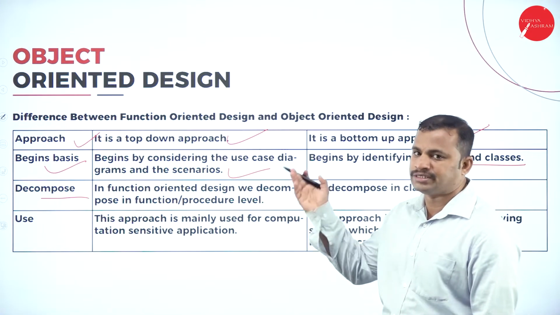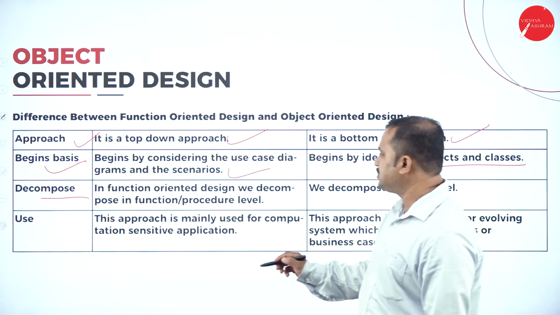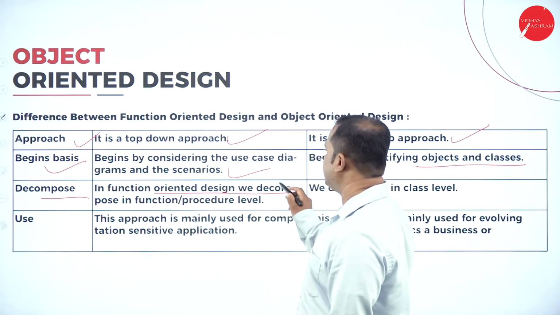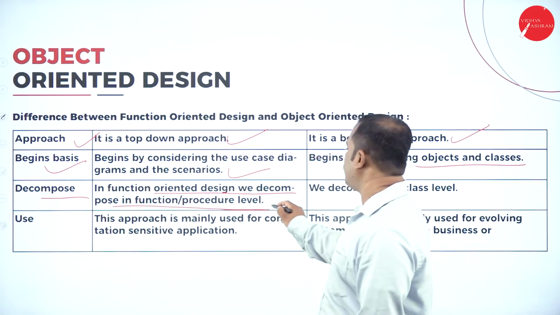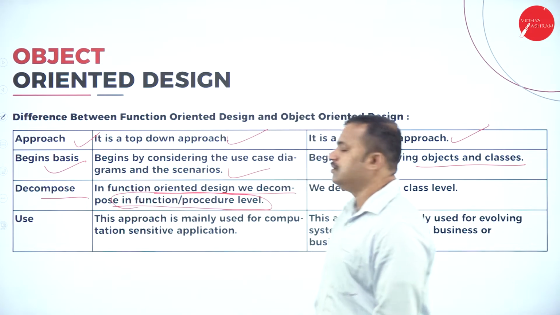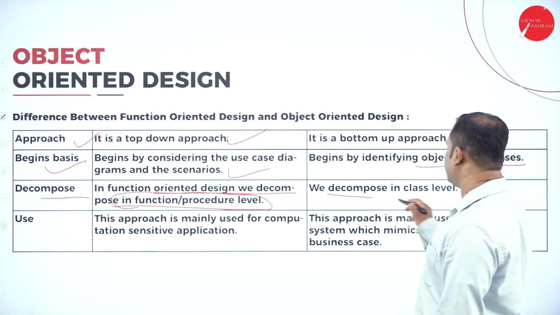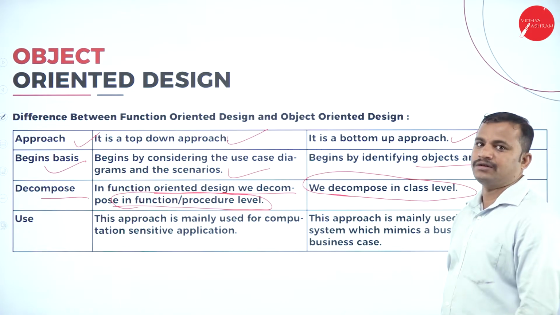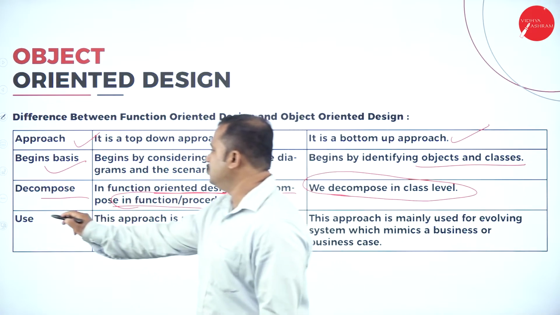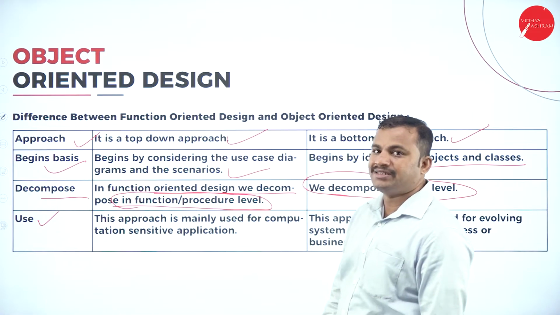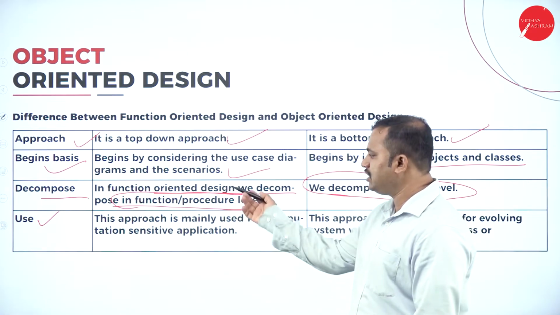How can we do so in function-oriented design? It is done with decomposition at the function or procedure level. But in object-oriented design, it is done at the class level. Similarly, reuse. How can we say that reuse is one of the criteria? Can we reuse that?